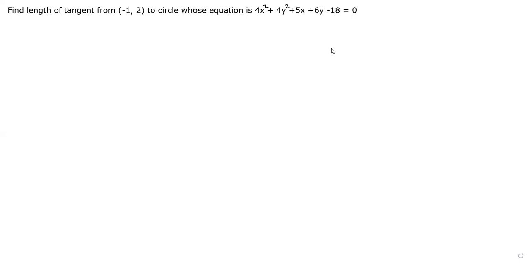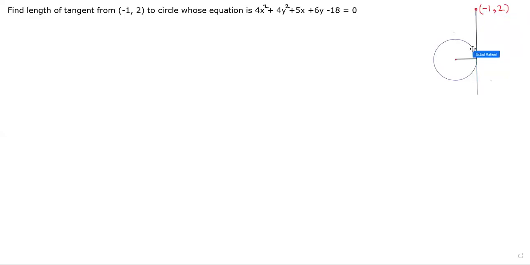So I'm making a rough sketch over here so you can understand the concept. Let's say this is the circle whose equation is given, and I have to find the tangent length, and let's say the point from which the tangent is passing is this point, given as (-1, 2).